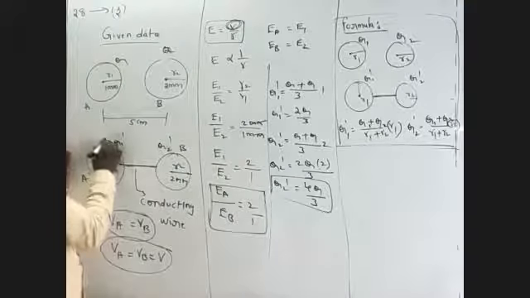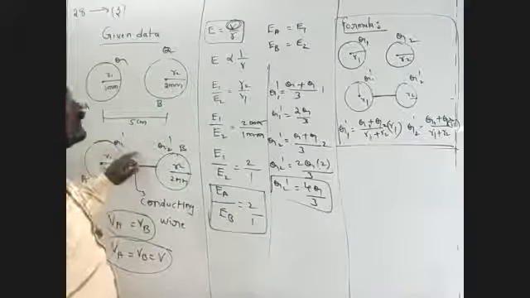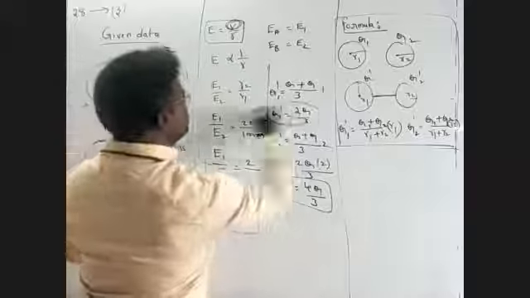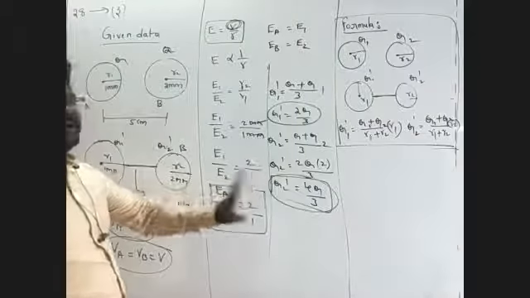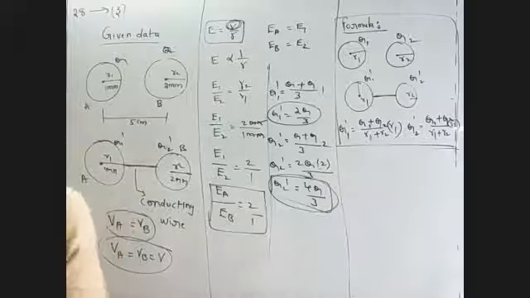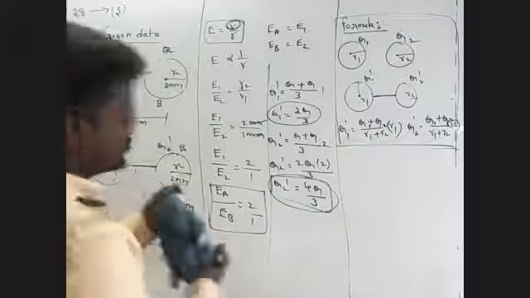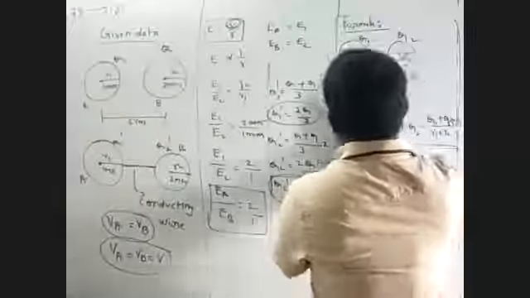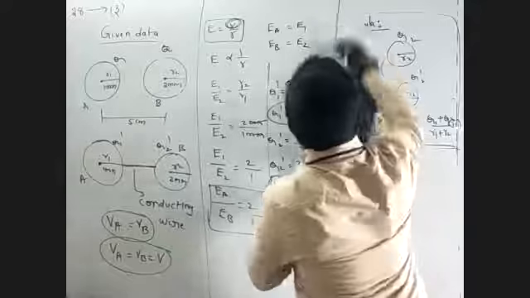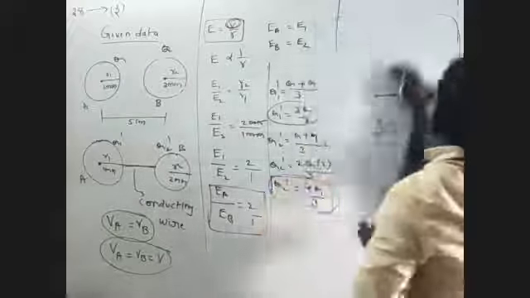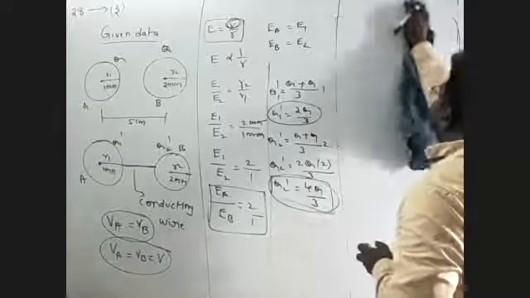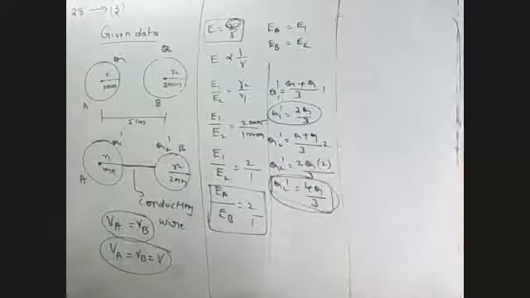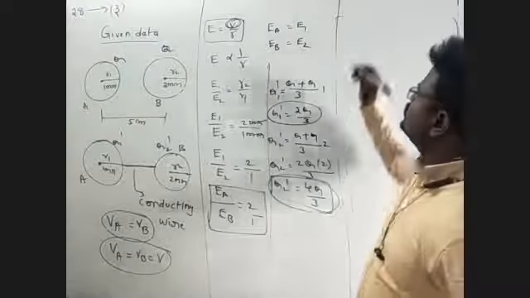The body gains charge of how much? This is 2Q by 3. The Q2 dash value is 4Q by 3. Next, I'm checking.